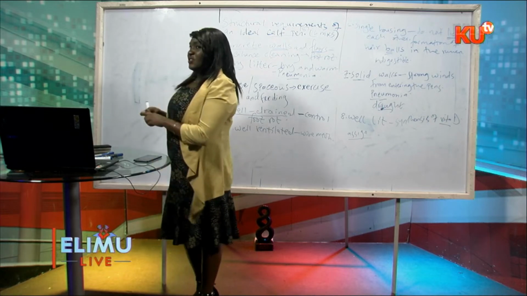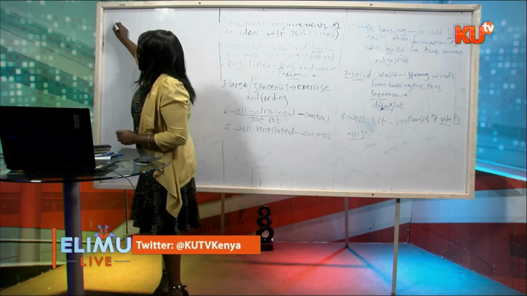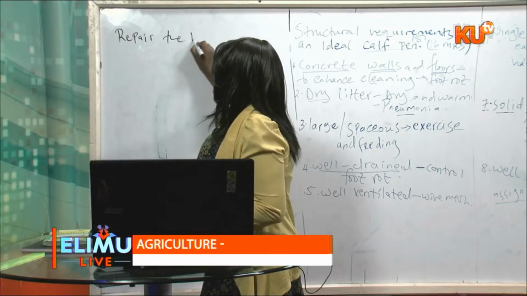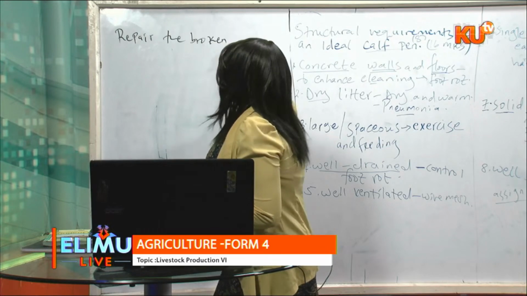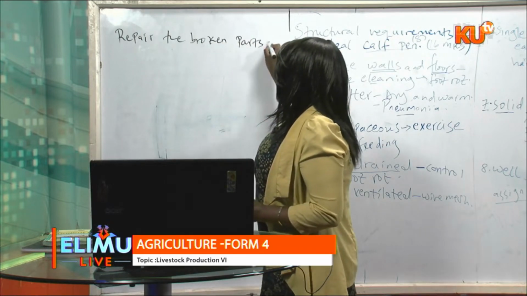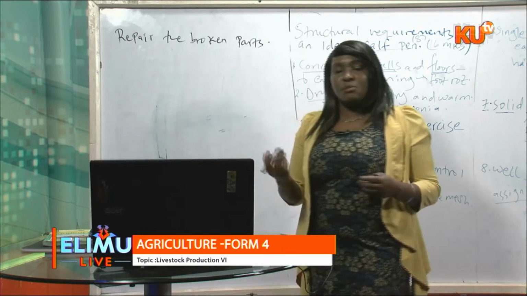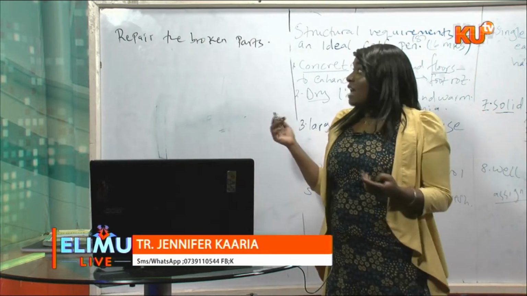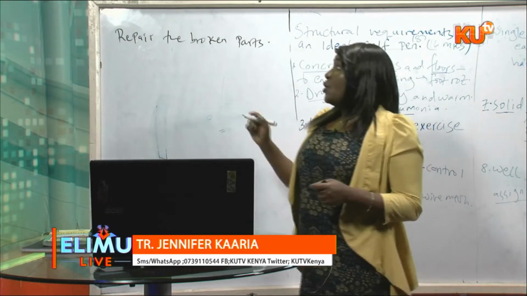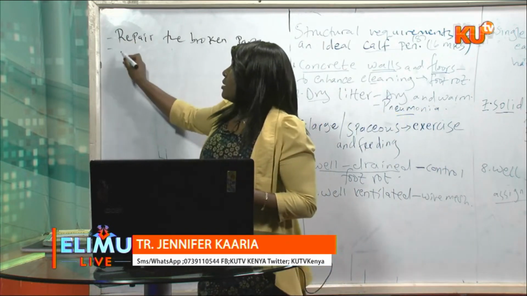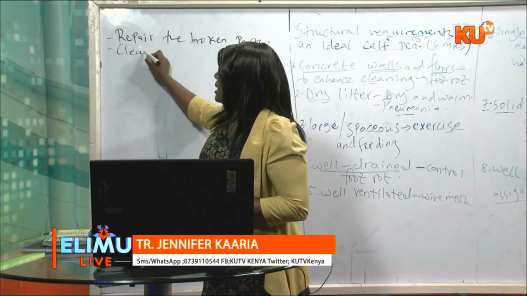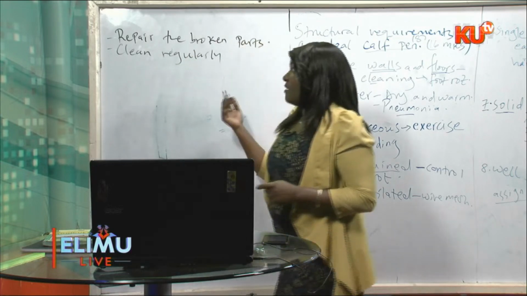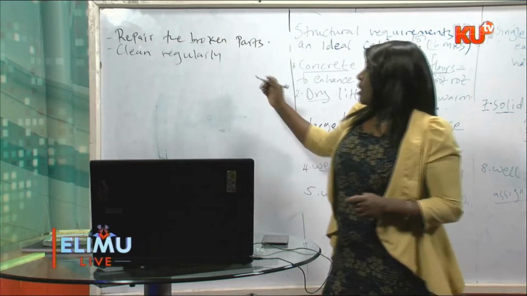Maintaining calf pens generally means you repair. The first thing is, of course, you repair the broken parts. You find that some animals sometimes get aggressive and they break some parts of the calf pen. You need to repair them. You need to clean the calf pen regularly.